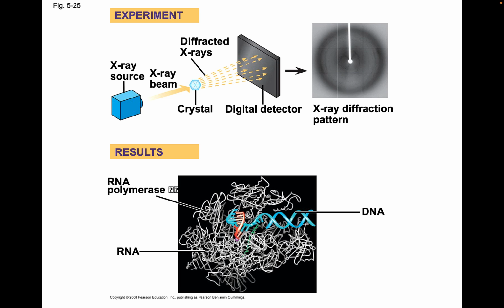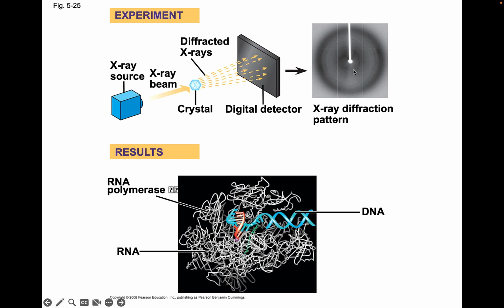So if we look here, this is X-ray crystallography. We make the crystal. There's an X-ray source. We generate X-rays and send them through the crystal. The X-rays are diffracted, and we have this digital detector, and this is what the end result looks like.